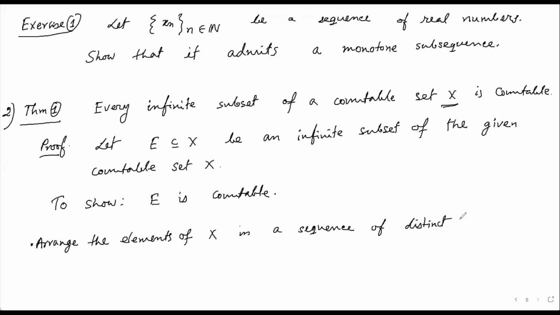Like X equal to x1, x2, x3, x4, and so on. Let's say this is xn, and so on. So we arrange the elements of X in a sequence of distinct terms.